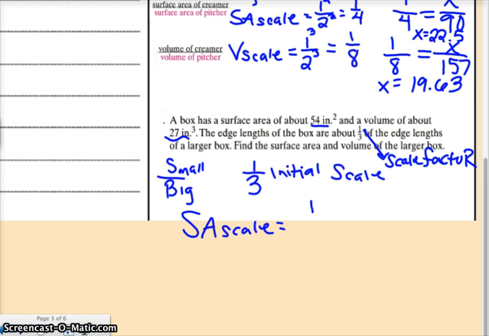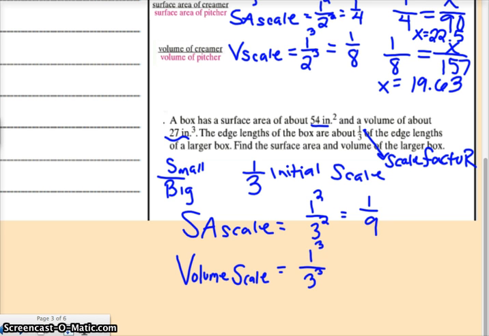So it's going to be 1 squared over 3 squared, which is 1/9. Maybe you want to just find your scale factors right away and then create proportions in the end. I'm not sure what's best for you, but my volume scale, volume, it tells me a cubic, 3-dimensional. So it would be 1 cubed is to 3 cubed, which is what? 1/27.